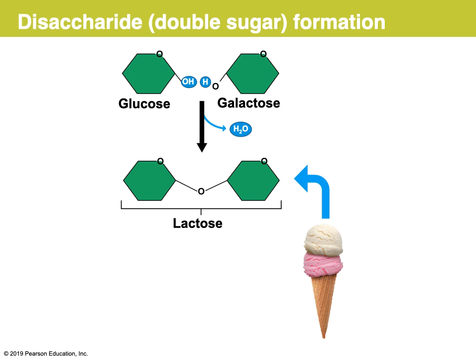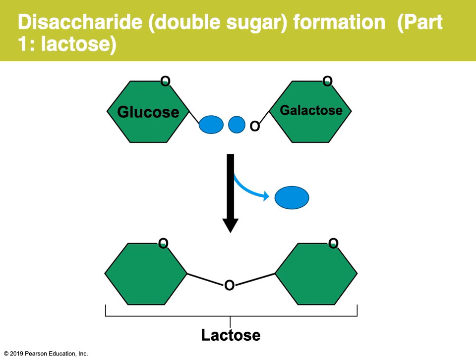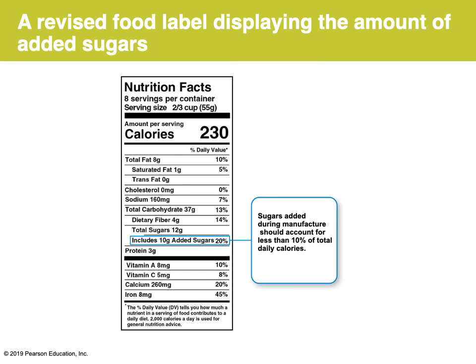Okay, so again, dehydration synthesis forms these double sugars. So monosaccharide plus monosaccharide equals disaccharide. And again, we have the dehydration synthesis. Now, the food labels years back didn't have as much detail as they do now.